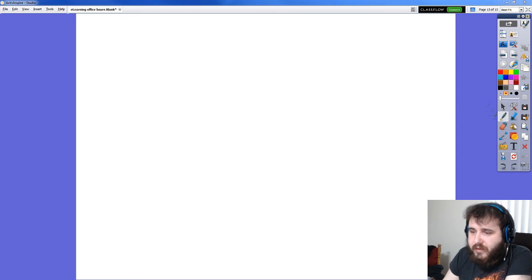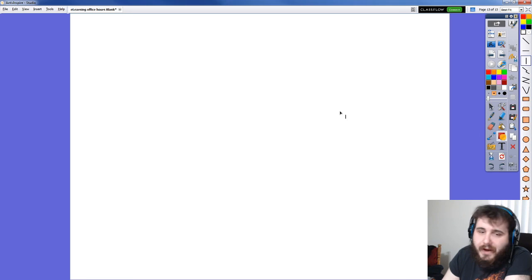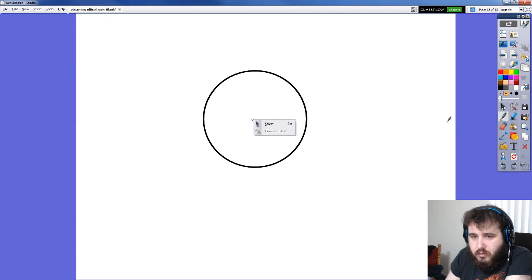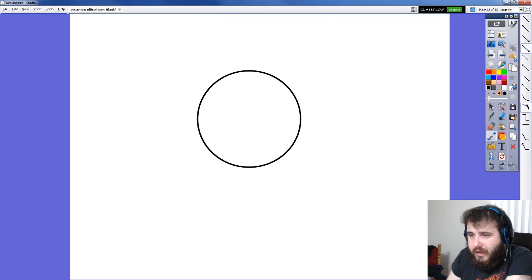Okay, so with this one, we're talking about finding the arc. What's going on with these, for number 9, they're asking about the arc length of this circle from here to, let's say, from here to here.